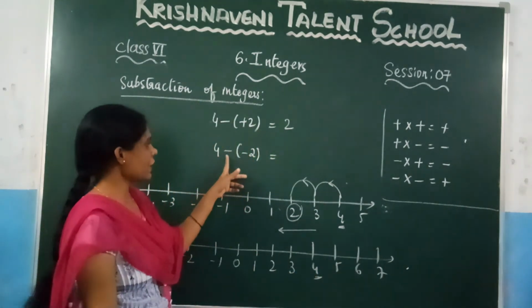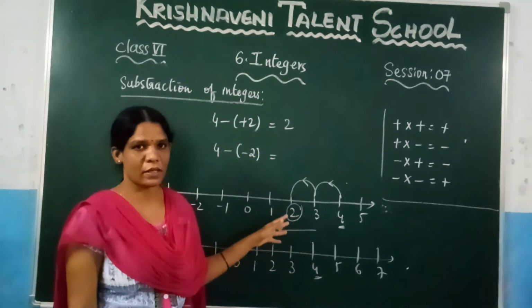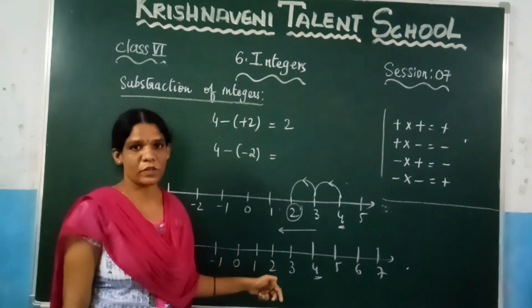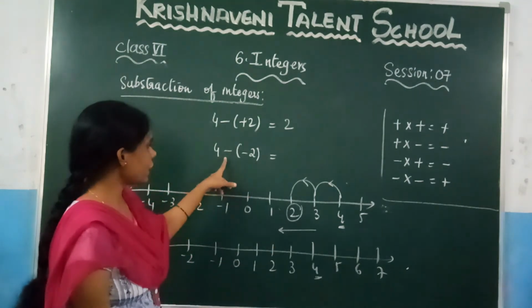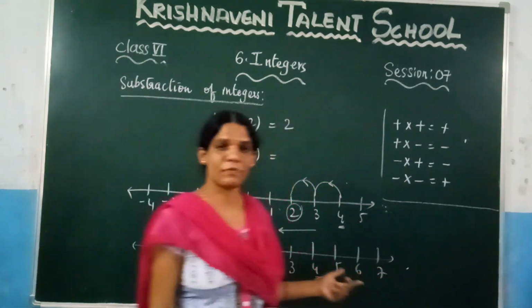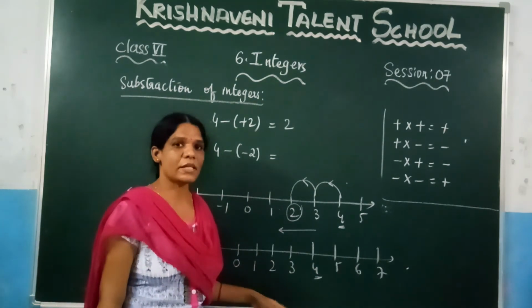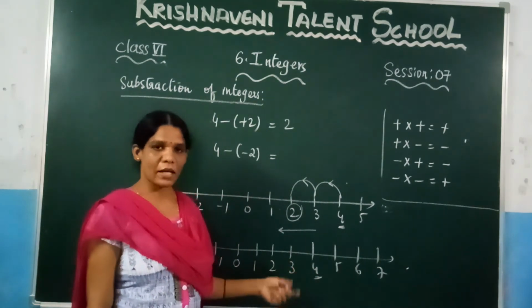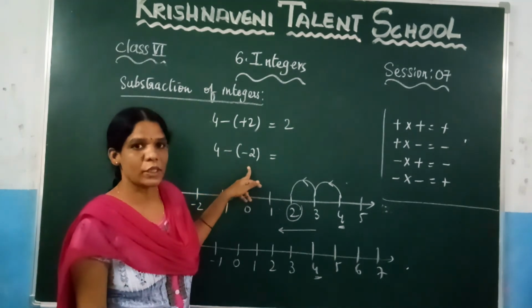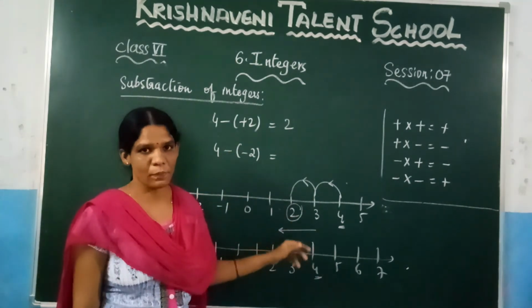Since we are subtracting a negative number, you need to go to the right side of the number line. Why? Because you know that minus into minus is nothing but plus. So the number will be increasing. If the number is increasing, which side do we need to go? To the right side. So while subtracting a negative integer, you need to go to the right side of the number line.